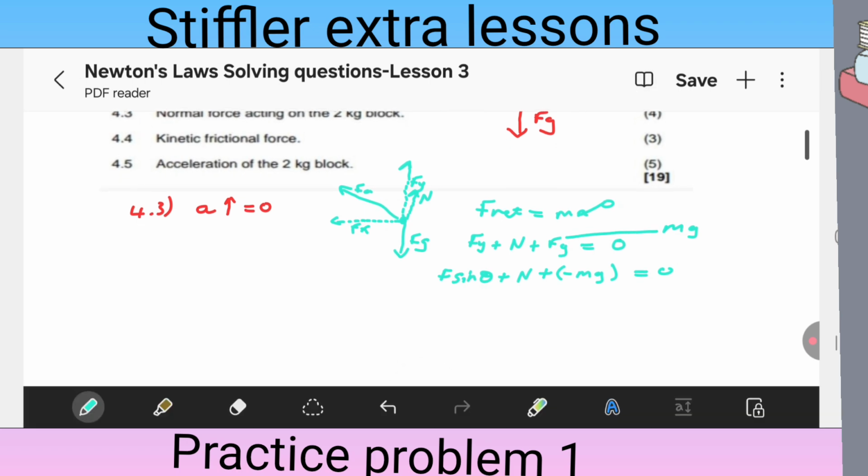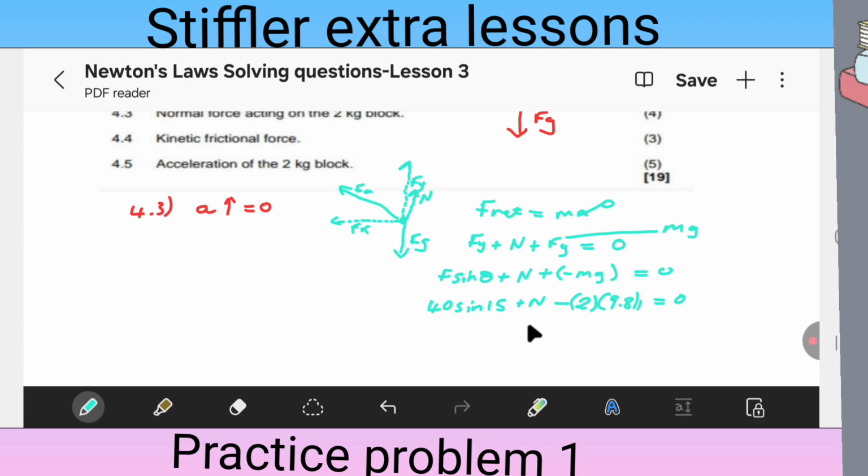So what else do we know? We know that this force is 40 newtons. So 40 multiplied by the sine of the angle, which is 15, plus the normal force minus the mass, which is 2, times gravitational acceleration, which is 9.8, should give us 0.